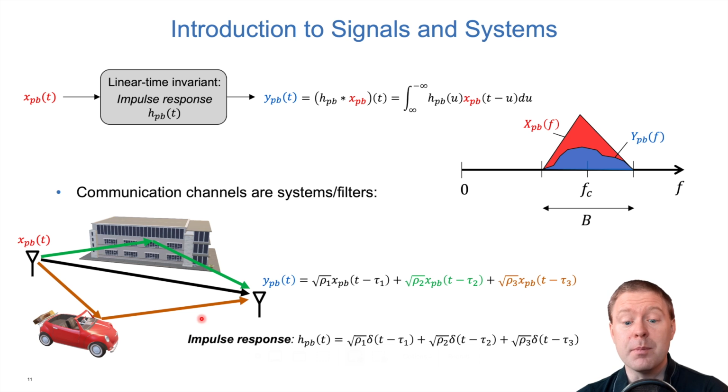We can now get the impulse response by letting the transmitted signal be a Dirac delta impulse. In that case, we get the same 3 different attenuations, and then we get delta functions with the 3 different delays. In general, this is how a communication channel looks. We might have many different paths of this kind. There might even be a continuum of them, but it is this way of describing a communication channel.